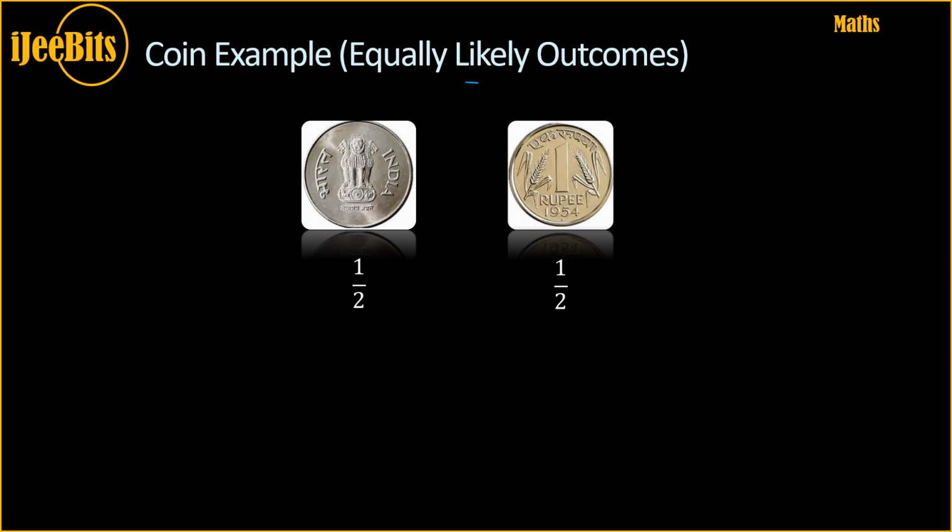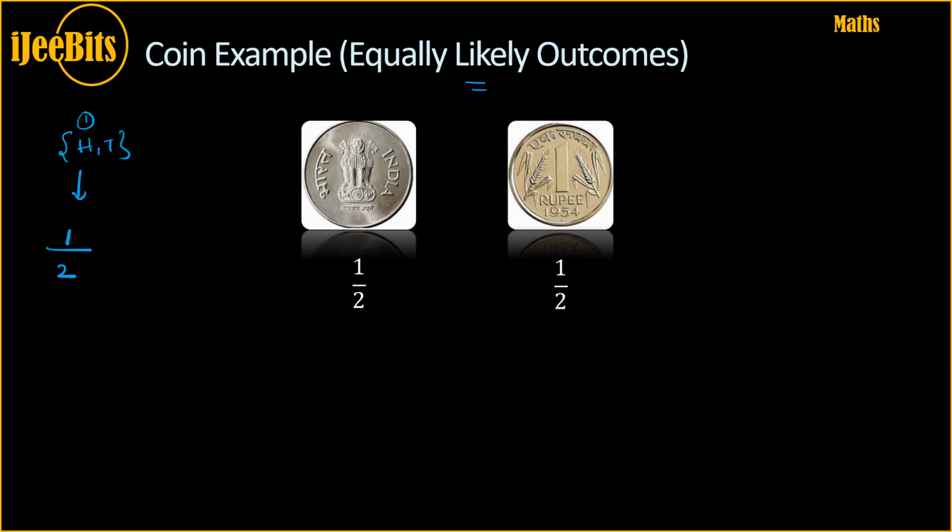Equally likely in the sense, when you are tossing the coin, the sample space has a head and tail. If you are trying to calculate the probability for getting head, the total possible outcomes are 2, and getting head is only 1. So the favorable outcome is 1.